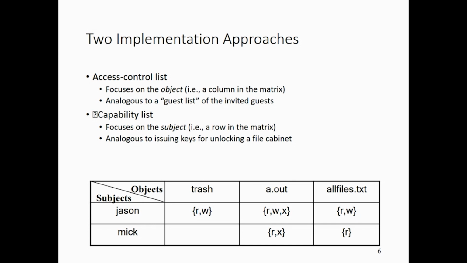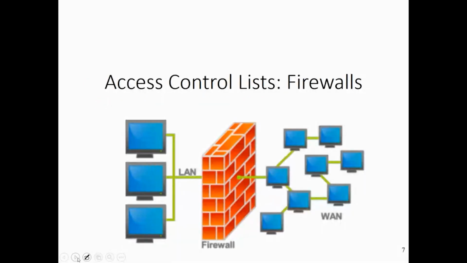As we mentioned, access control is mainly provided by the firewall, and we have many kinds of firewall. As you see here, a firewall is something between your local area network and the WAN, or the wide area network.